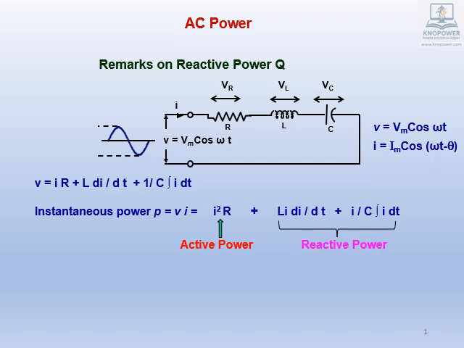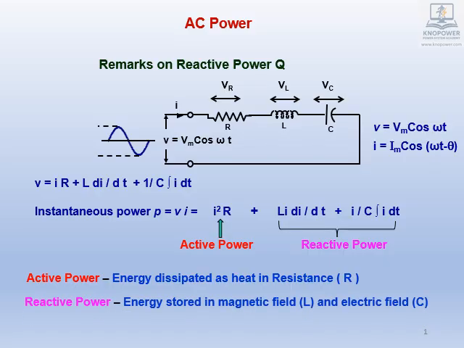The term I square R represents active power P. The terms L i di by dt plus I by C integral I dt represent reactive power Q. Active power is energy dissipated as heat in resistance R. Reactive power is energy stored in the magnetic field of L and the electric field of C.